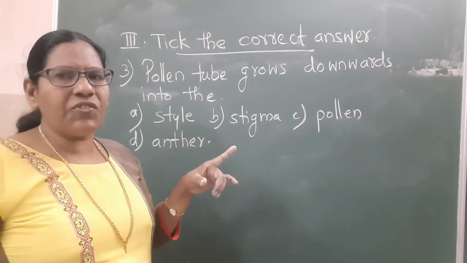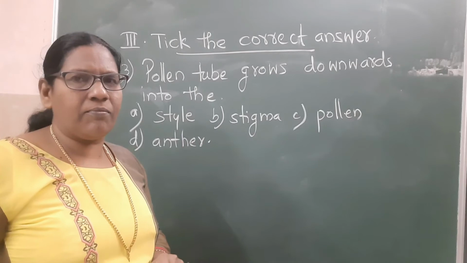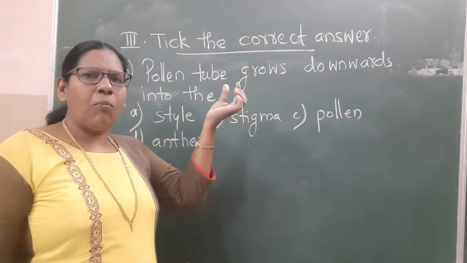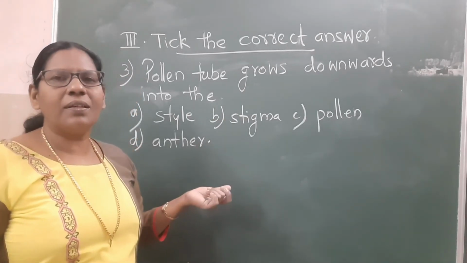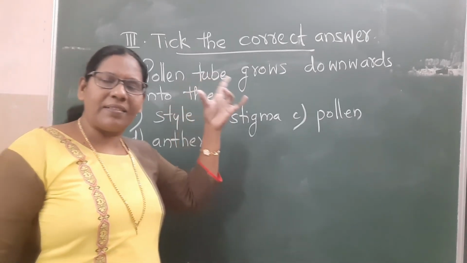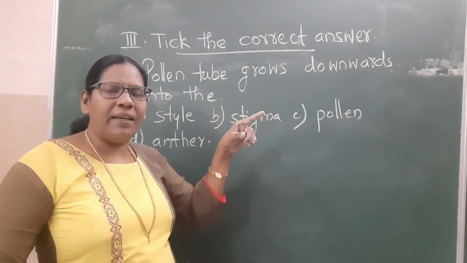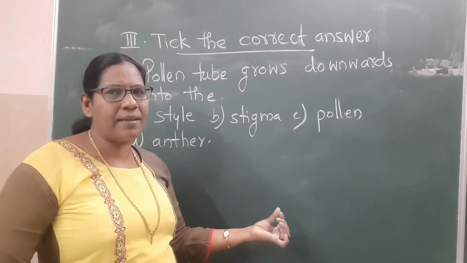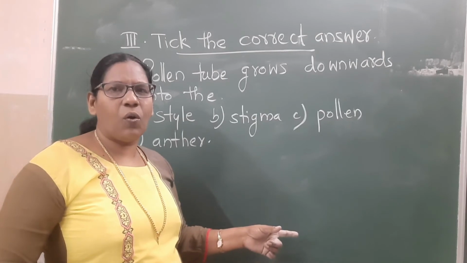And once it reaches the stigma, it starts germinating, and then the pollen tube grows downwards to the style, and then it comes to the ovary.